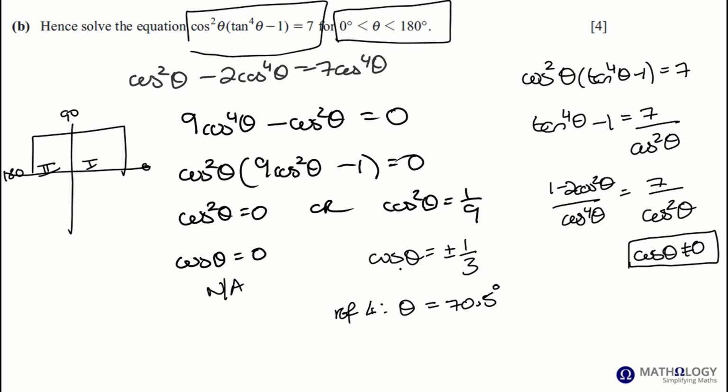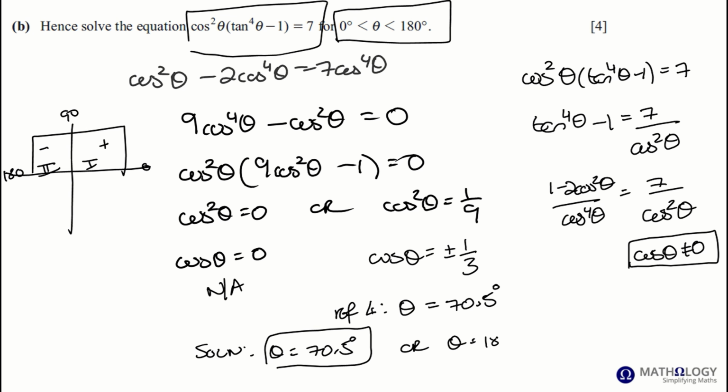So the first solution, because we're considering cos theta is plus or minus a third, cos is positive in the first quadrant and it's negative in the second quadrant. So the first solution will be theta is 70.5 degrees, and the second solution will be, in the second quadrant, 180 minus 70.5.